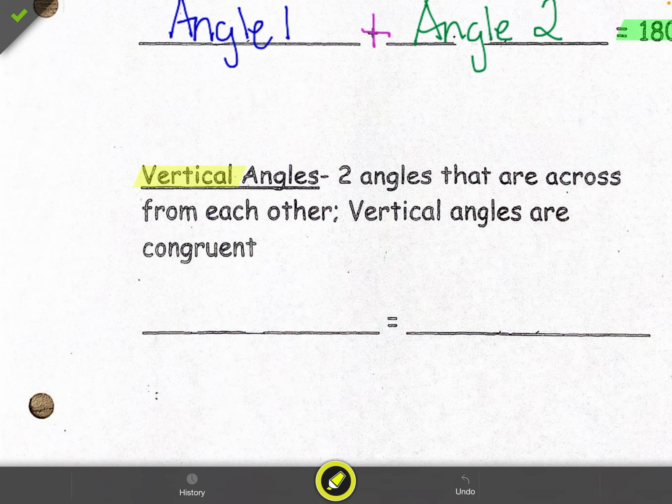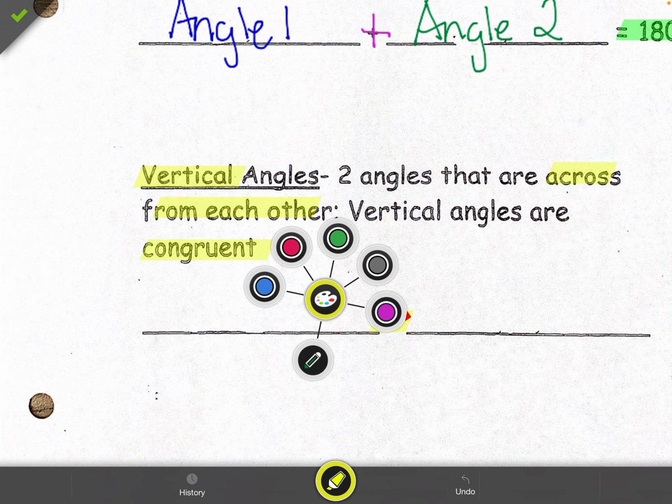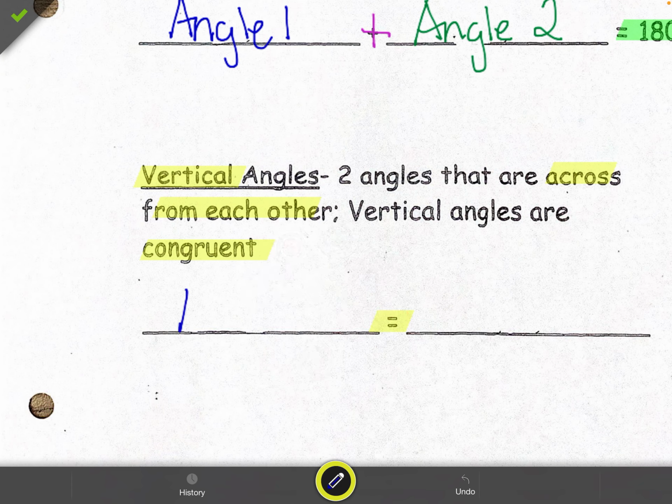So remember, vertical angles were across from each other, and they are congruent. Okay, so we're not going to add anything together because remember, congruent means equals. All we have to do for vertical is whatever the first angle is, we set it equal to the second angle.